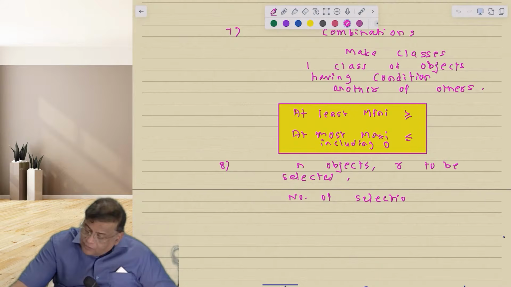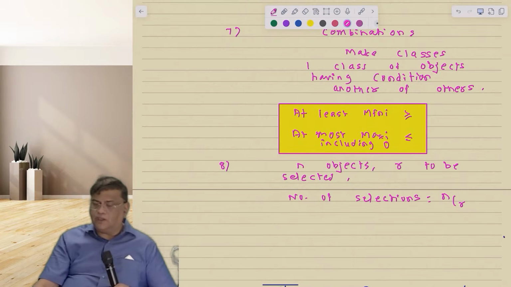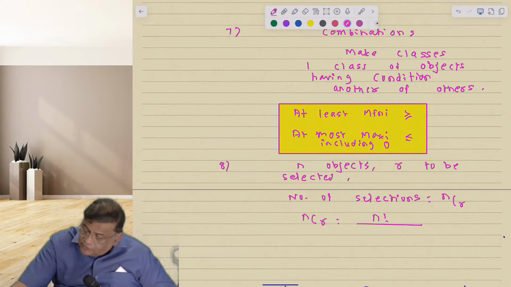Combination is equal to NCR, and this NCR is n factorial over r factorial n minus r bracket factorial.